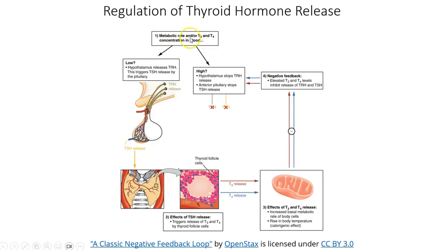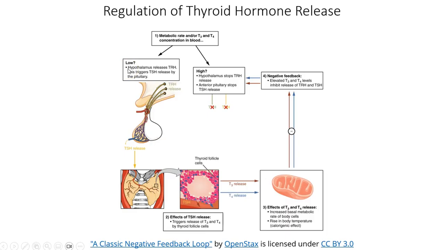So our first step there is going to be that metabolic rate, or the concentrations of those thyroid hormones. If the concentration in the blood is too low, then that signals to the hypothalamus that our metabolism is getting a little slow, or we're at risk of getting to that point.